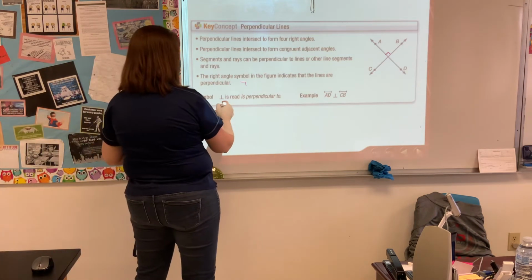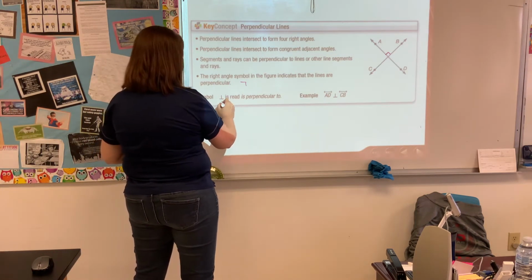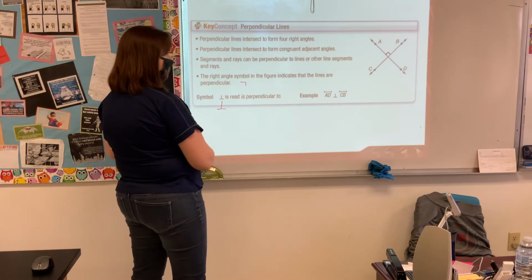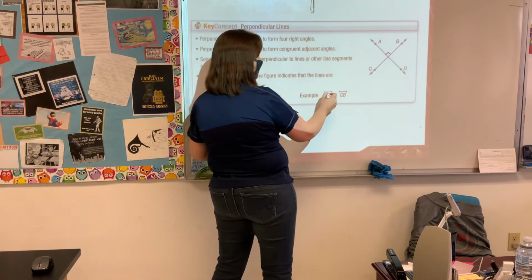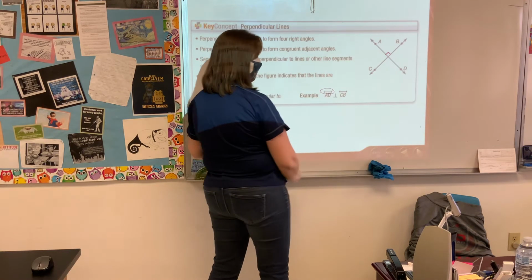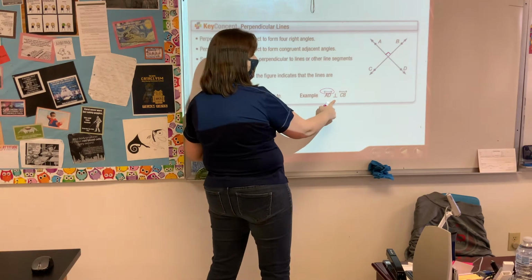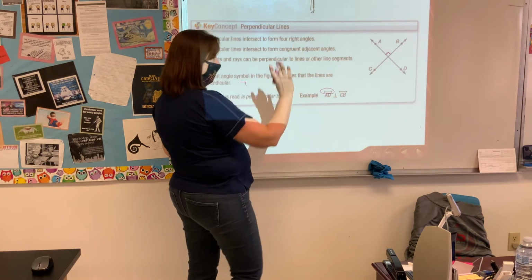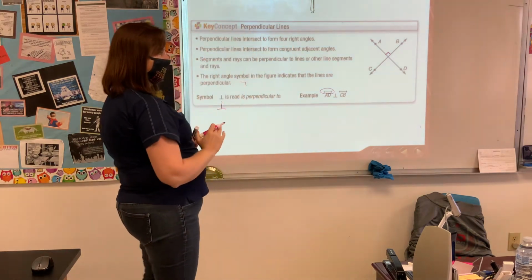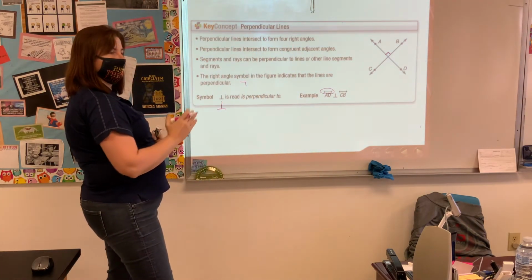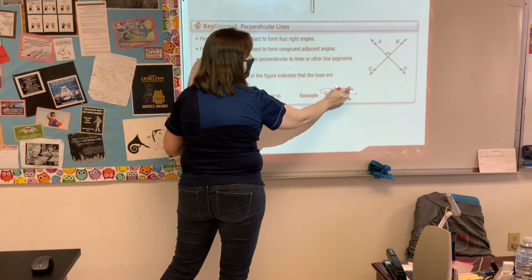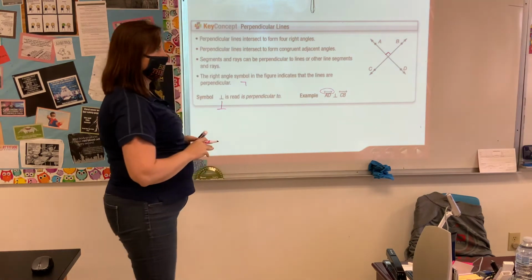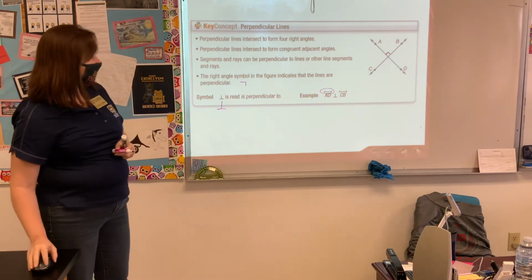We can also read it here using this symbol, saying, hey, line AD, remember this is the symbol for a line, is perpendicular to, you're showing it like a wall is meeting a floor, or we're standing a book on end. AD is perpendicular to CB in this case.